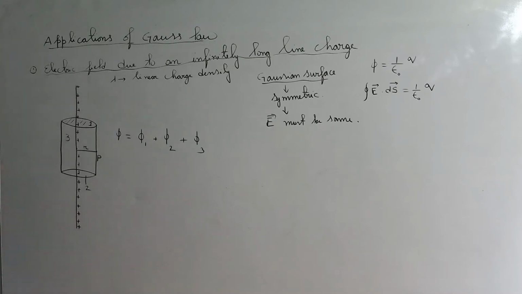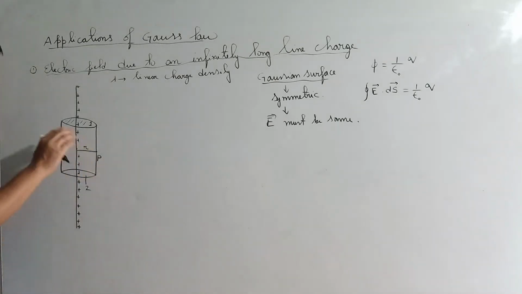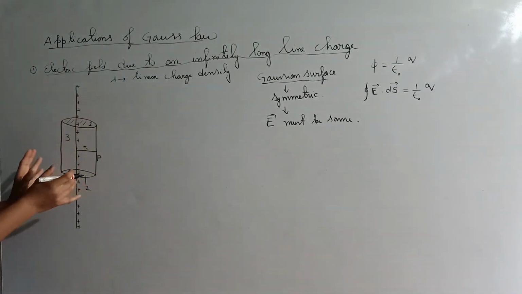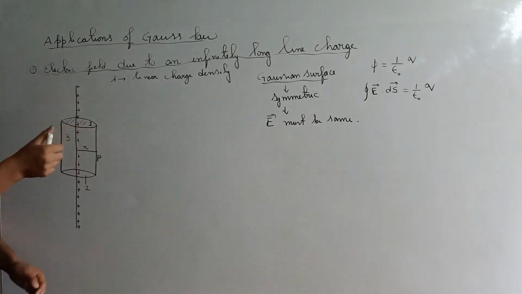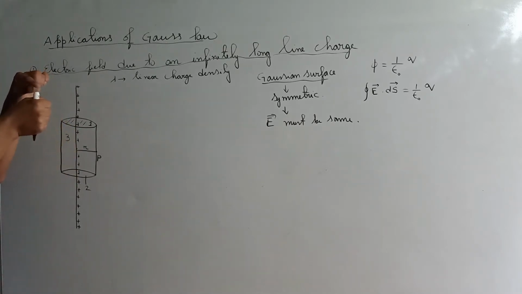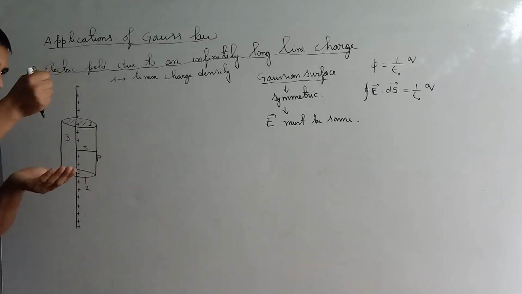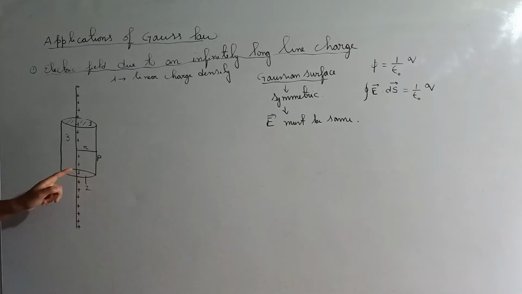What I want to find out is the total electric flux over this entire surface. This cylinder has three surfaces. One is the upper base, the cylinder has two bases, which is your first surface. The lower base is your second surface.